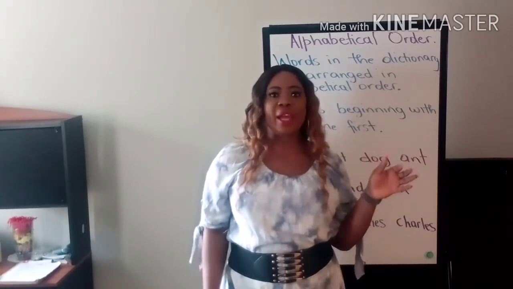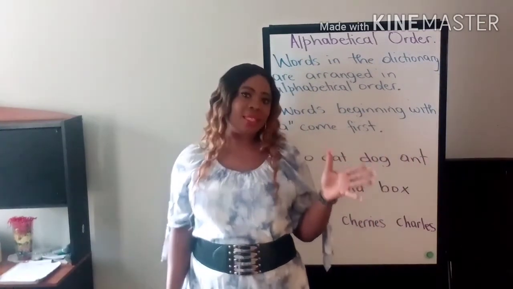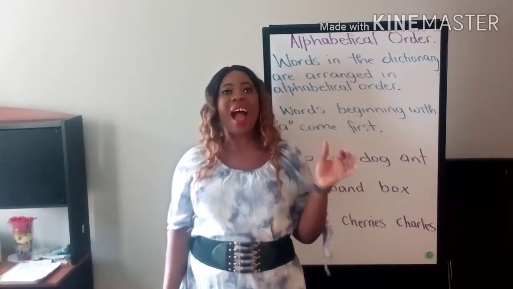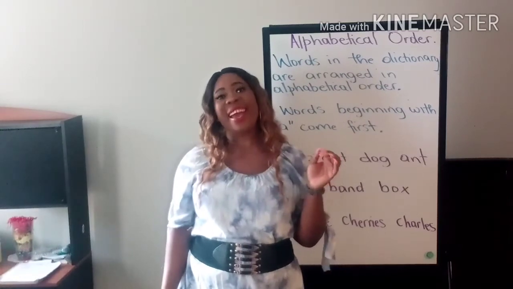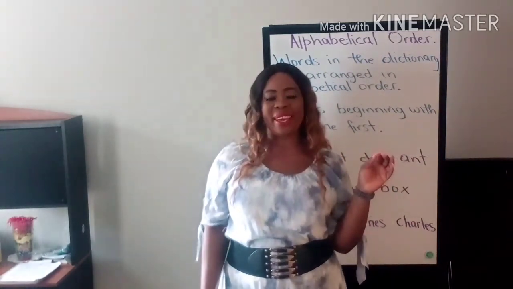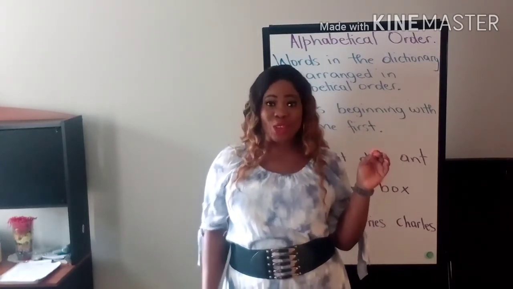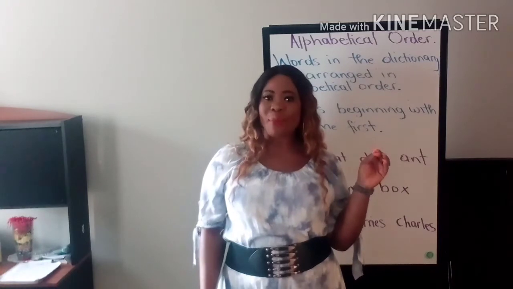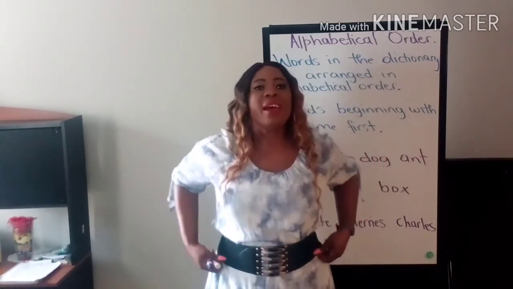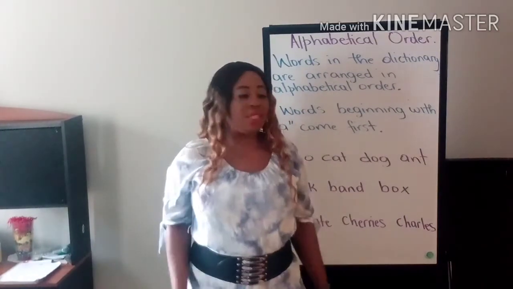So first you'll have A, B, C, D, E, F, G, H, I, J, K, L, M, N, O, P, Q, R, S, T, U, V, W, X, Y, and Z. Okay, so that's how they are arranged, and that's what I'll be teaching you.